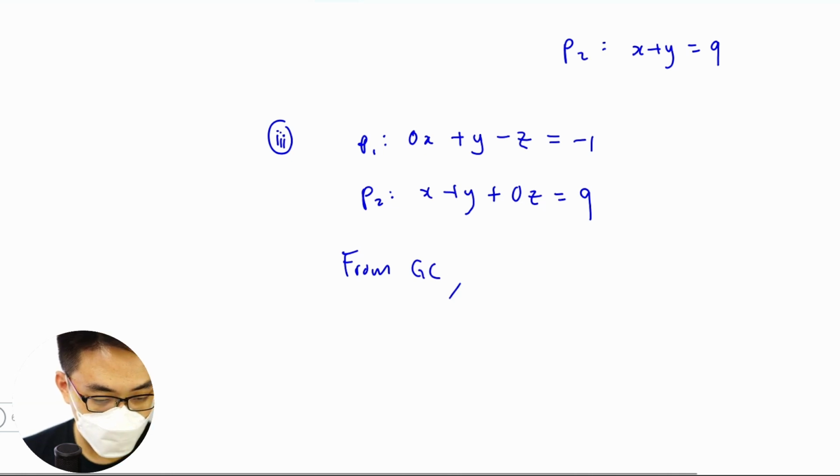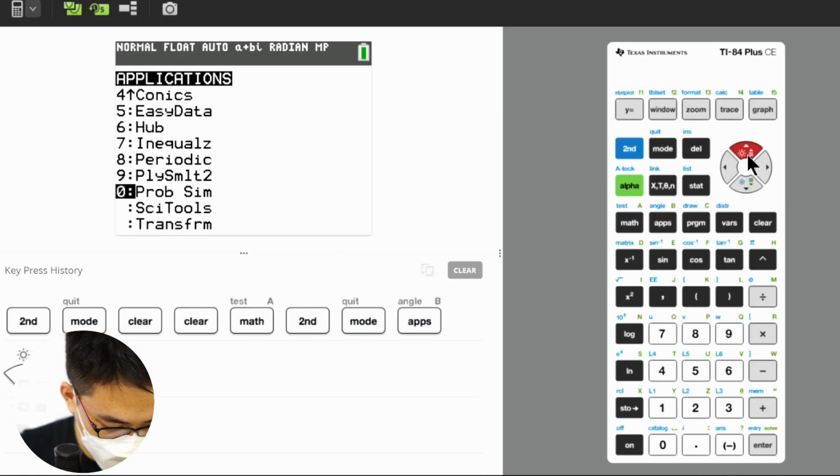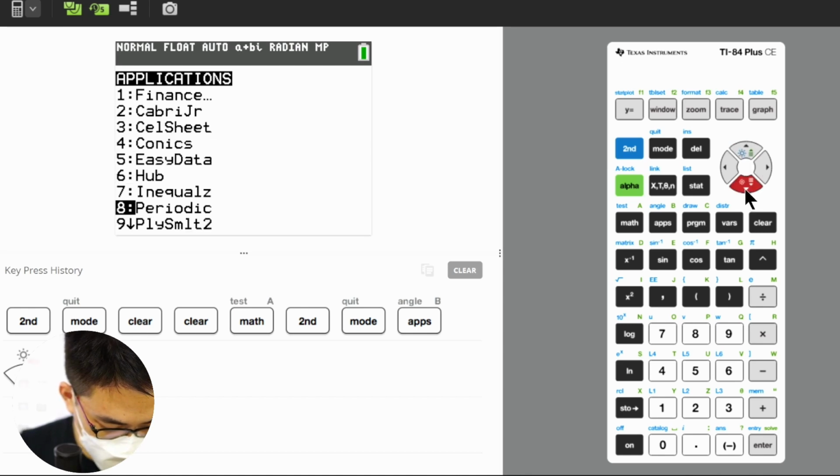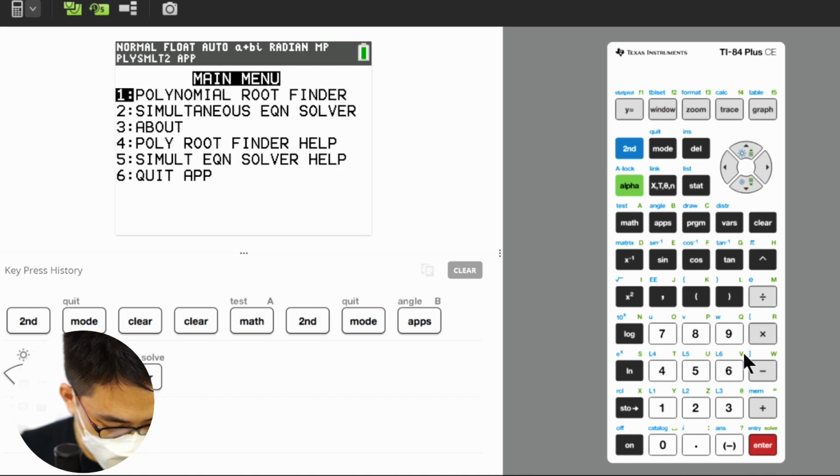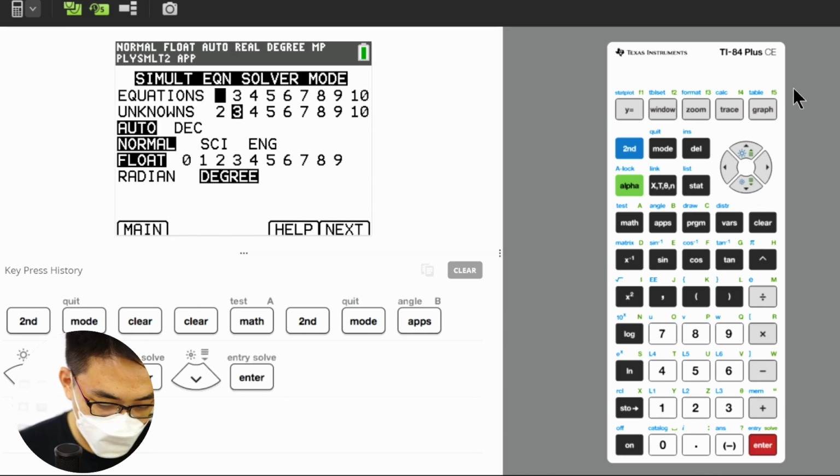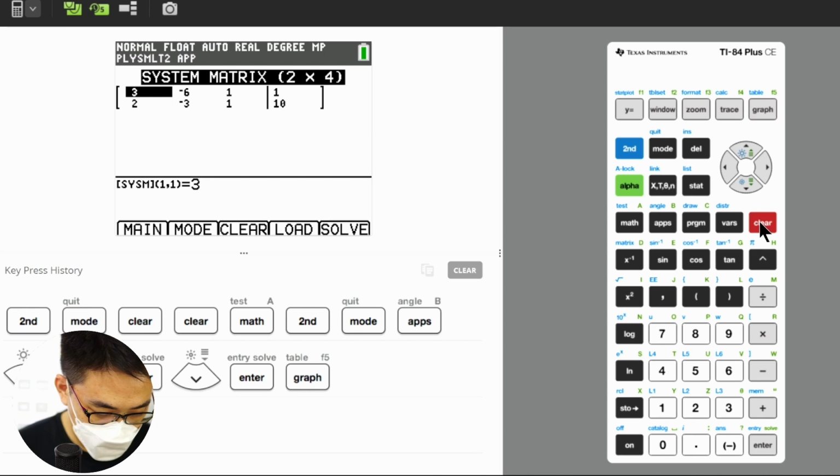In the calculator, go to equation, simultaneous equation, 2 equations, 3 unknowns. Clear it first.